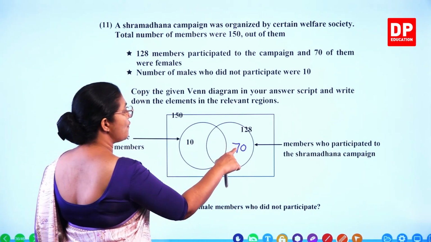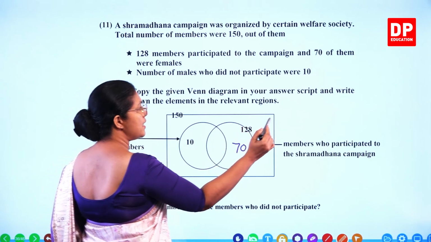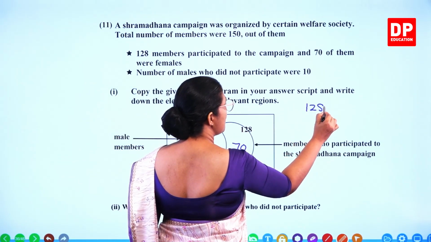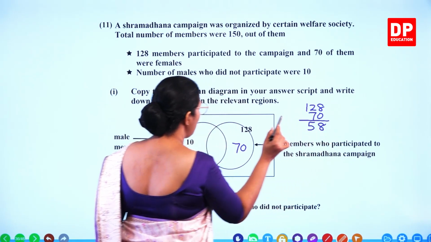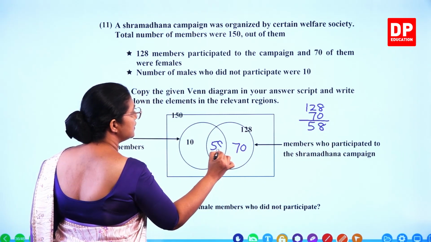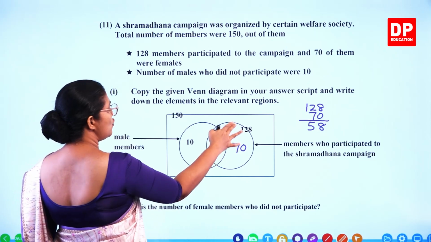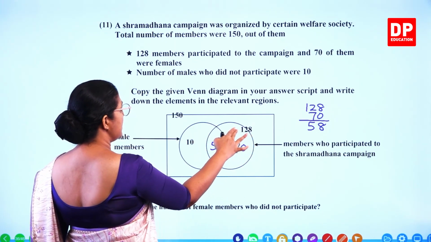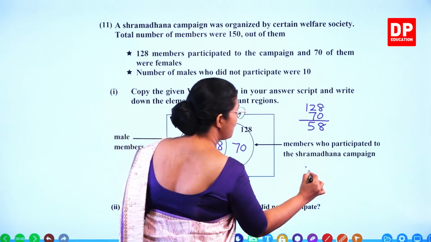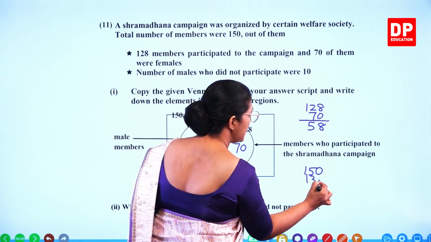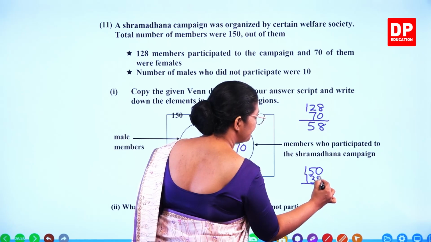So we know if this is 70, this is 128. Subtract and get the other part. 58 here. Now, when you take 128, this is 10, 138. 150 minus 138, you get the other part.